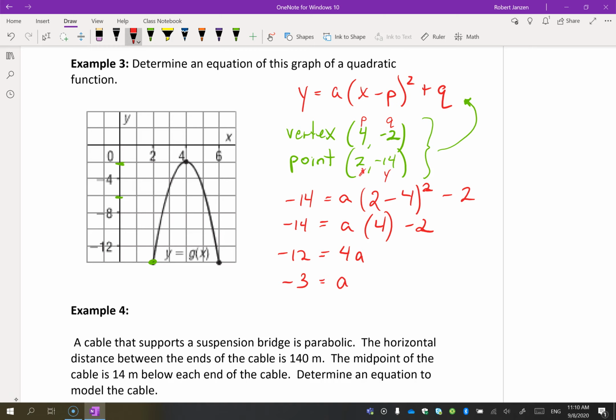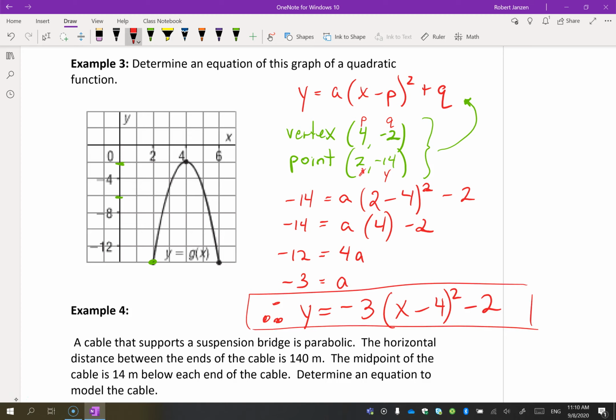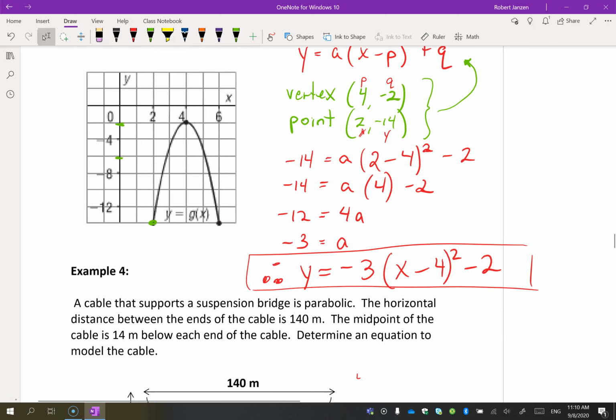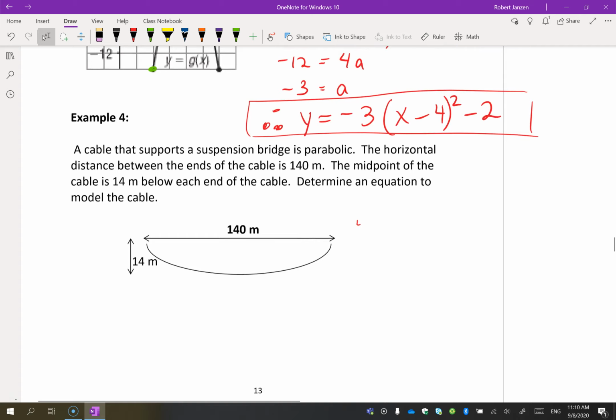My a is -3. So therefore, I can write the equation as y equals -3(x - 4)² - 2. Here is my equation. So that's a common strategy we're going to see. If you want to write the equation, use the formula of the equation and plug in values to solve for the one that's missing. This one's going to be the same thing.